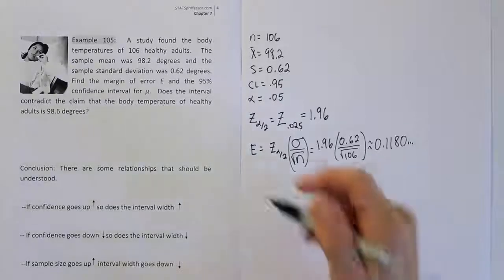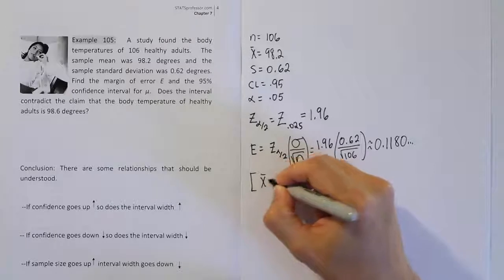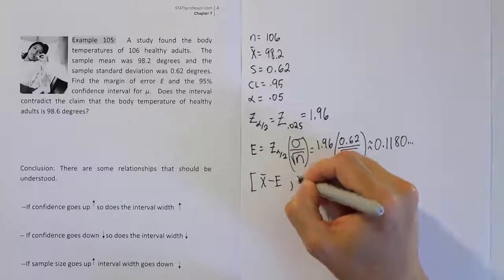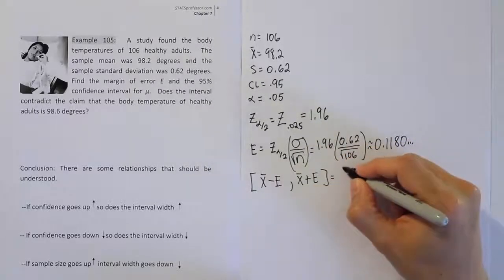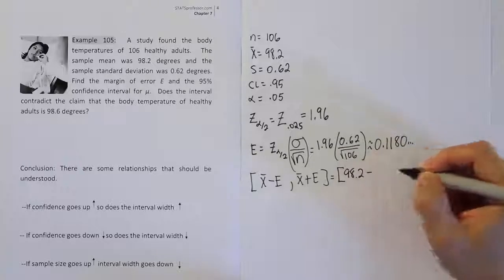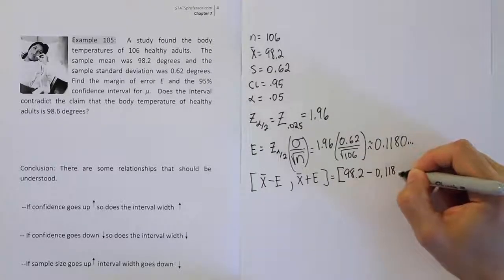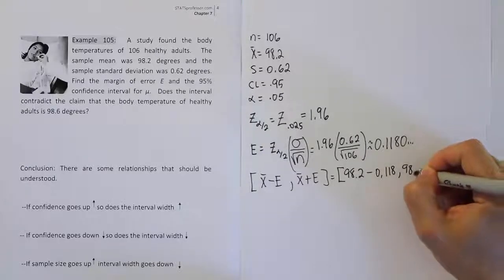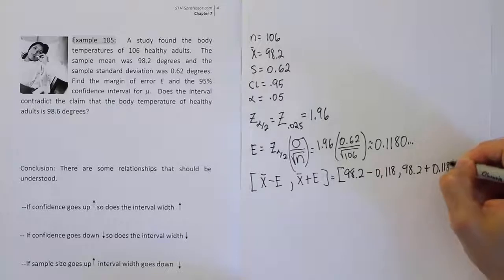Okay, so our next step, and the final step really of the calculation, is to do the sample mean minus the error and the sample mean plus the error. So for us, that's going to work out to be, in this case, 98.2 minus, let's say, 0.118, and then 98.2 plus 0.118.